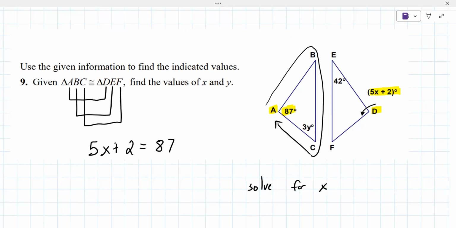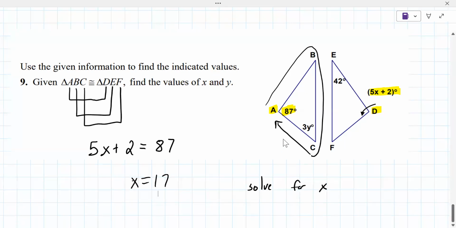So go ahead and do that for us, please. X equals 17. Good.